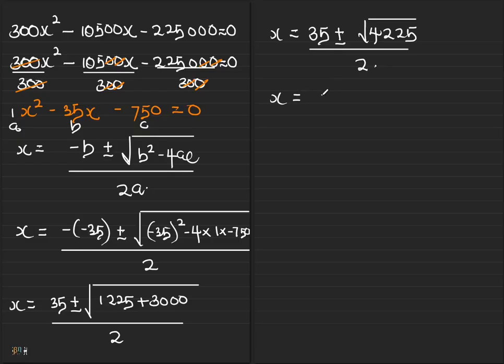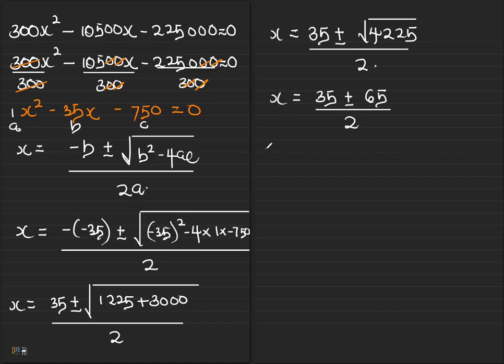So our x is then equal to the 35 plus or minus the square root of 4225 gives us a 65. So 65 all over 2. This simply means there are two possible solutions, the one for the positive and then the one for the negative.